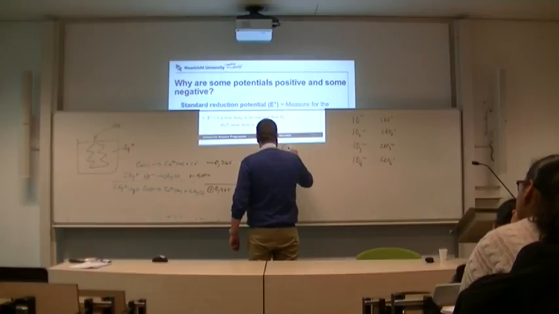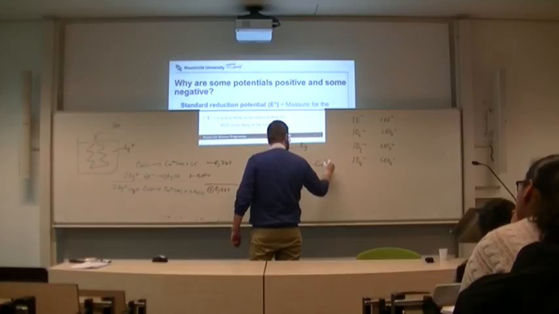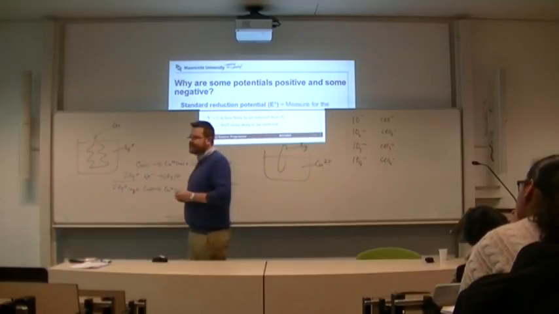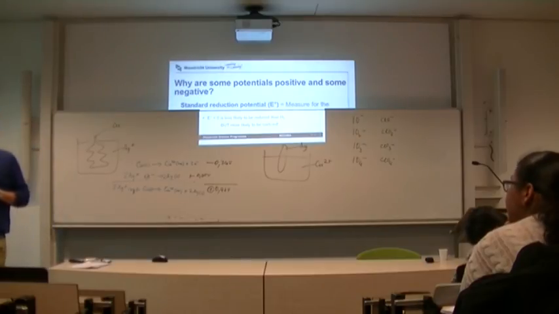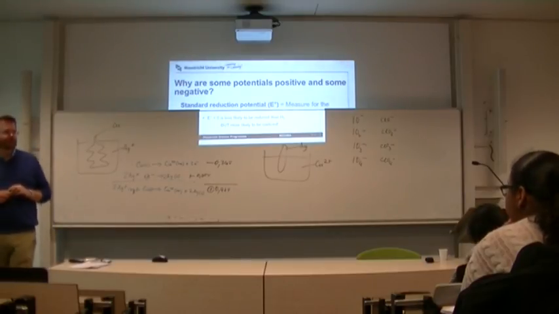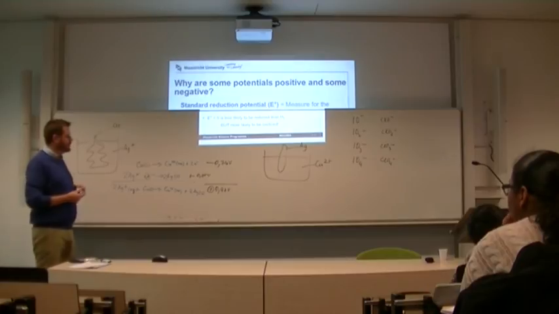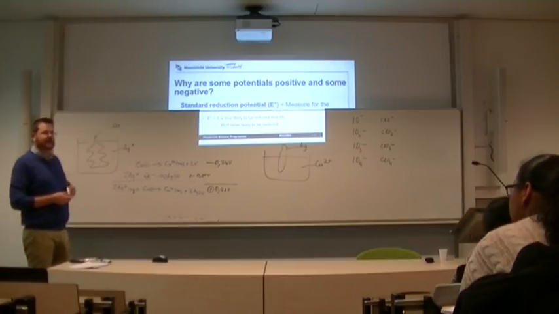So let's say that this is silver metal in a copper sulfate solution, so copper 2 plus. Will something happen? No, because it's plus 0.34 and minus. Correct.